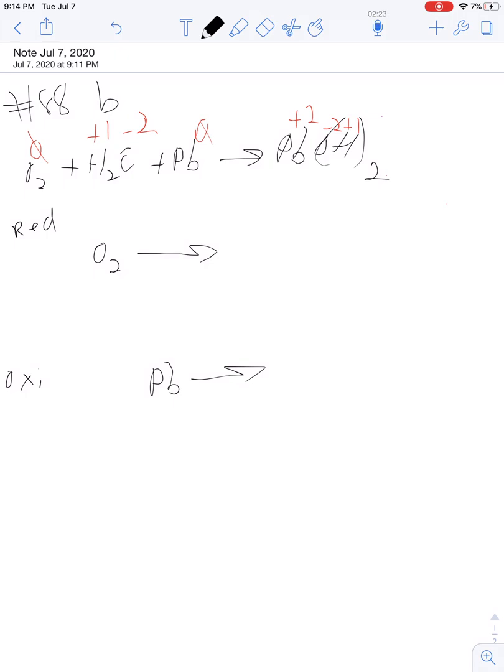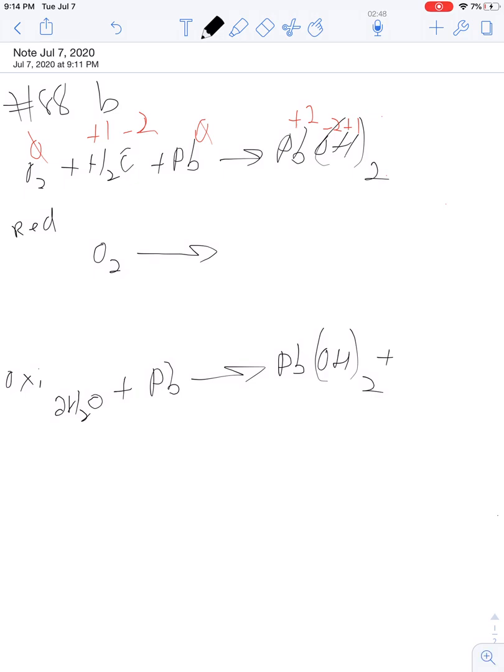So let's do the lead one first. Let's do the oxidation. So balance everything except the oxygens and hydrogens. So I'm going to balance the lead by adding lead hydroxide. Okay. My leads are balanced. Now I balance my oxygens by adding water. I need 2 waters.